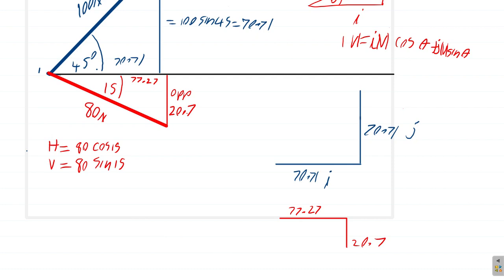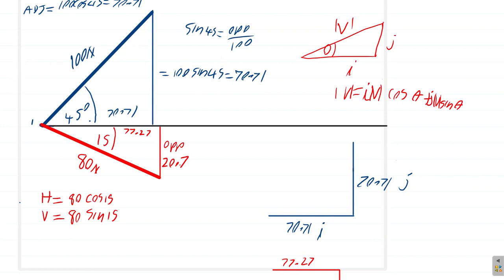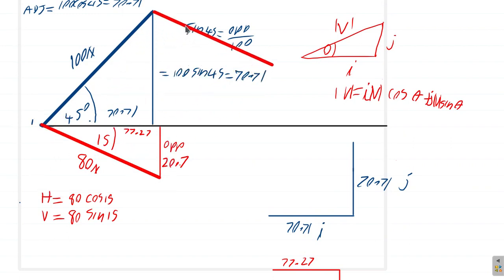Now you see that. What we're going to do here is imagine that we add these two vectors. Suppose we consider using the parallelogram law. We take this vector, put here, and this vector we put here to form the parallelogram. Let's get rid of some of the working we did.